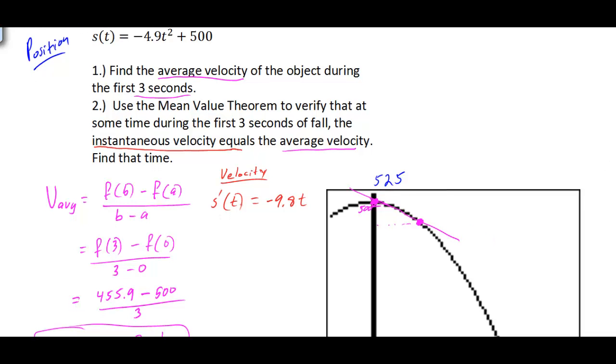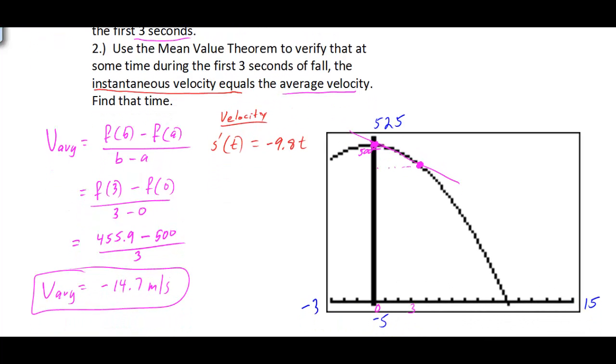Now, for our problem, we're concerned with the velocity. Well, we have a negative 9.8 t, and we want to know at what time our velocity is going to be equal to the average. So we're going to take our negative 9.8 t and set it equal to a negative 14.7.